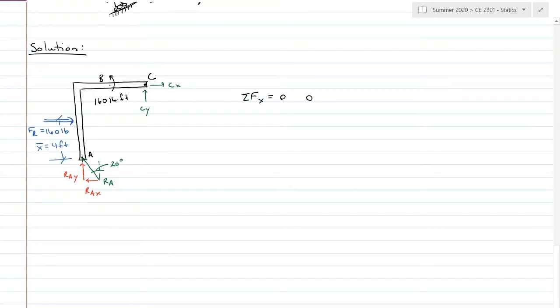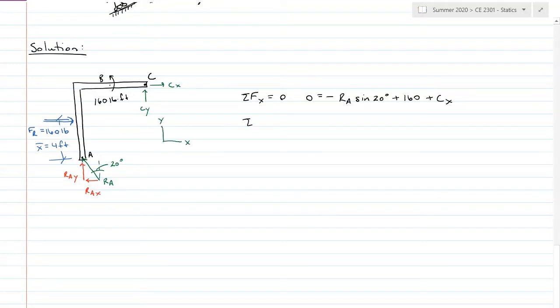Reaction AX would be negative because it's pointing to the left, of the magnitude reaction A, and then the horizontal component, sine of 20 degrees. And then I would have my 160 pound resultant force for the distributed load. And then I would have CX.